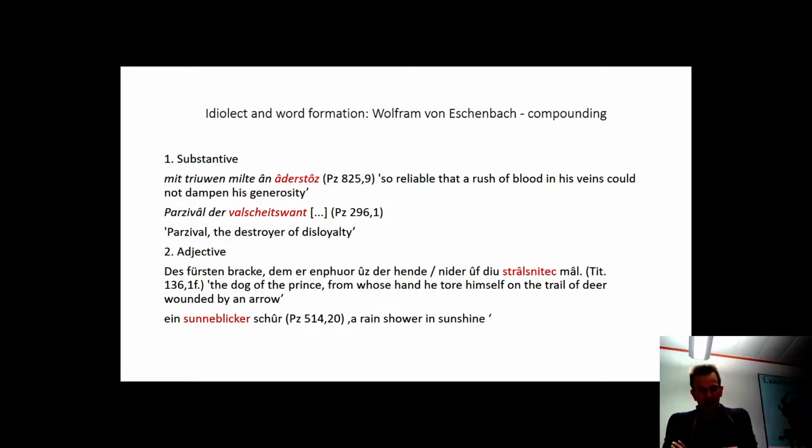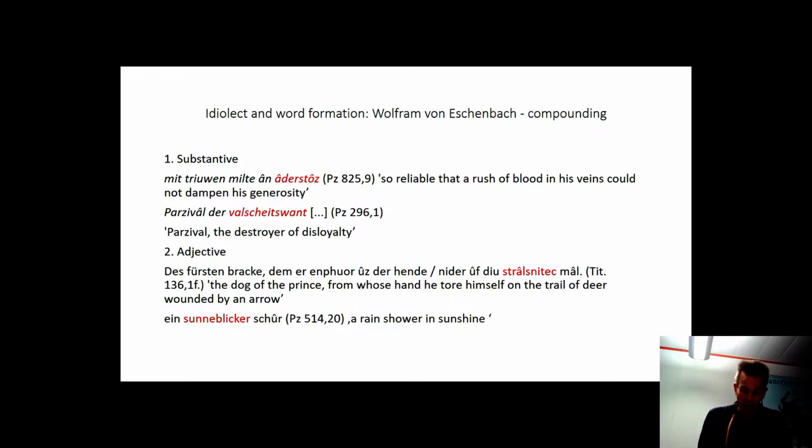At times, Wolfram's formations approach the limit of what is systematically permissible. The compound, number 4 on the slide, Sonneblicker, can be segmented into the usual Middle High German nominal compound Sonneblick, sunbeam, and the inflectional ending er. Middle High German does not have such a word formation pattern.